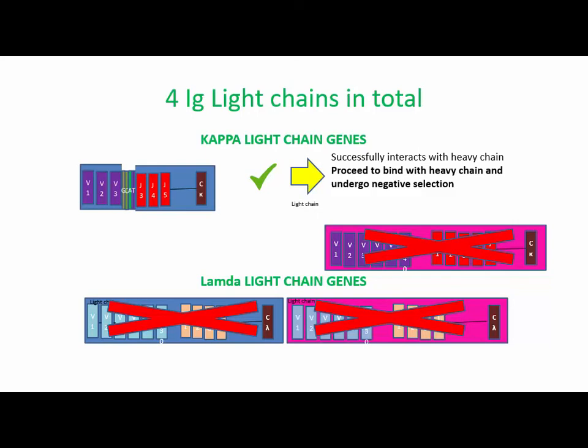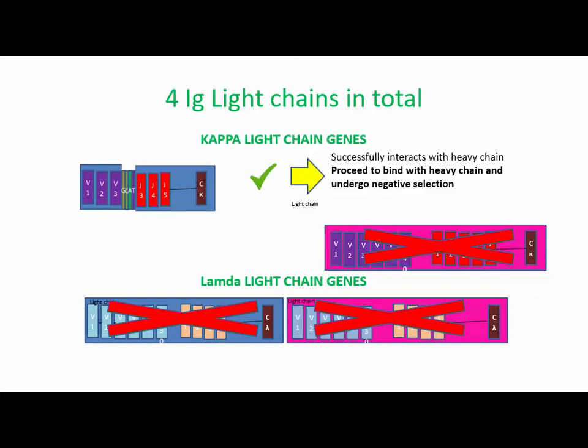And once that is successful, the light chain will then interact with a heavy chain and will proceed towards negative selection, okay? At that point, the B cell has undergone successful heavy and light chain rearrangement, and now we're able to produce a functional immunoglobulin.